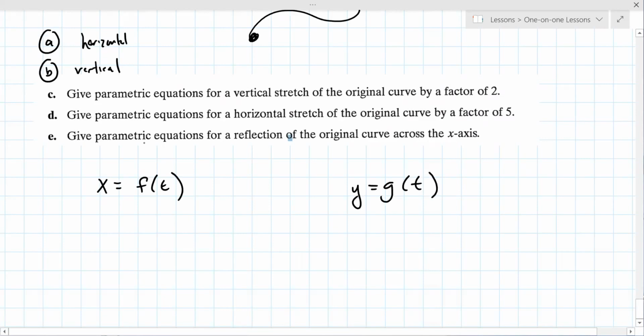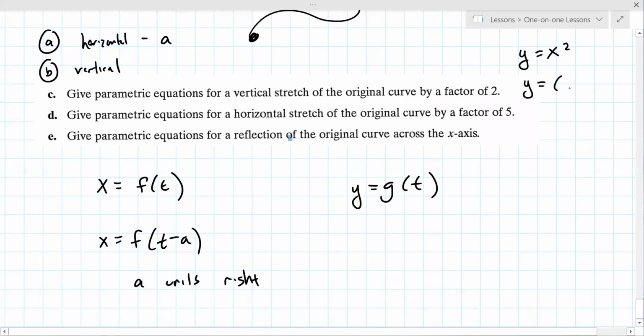A horizontal shift occurs inside here. So let's say we want a horizontal shift of a units. That would look something like this: f of t minus a, and that's a units right. If you're not remembering this, or this is unclear, go back and think of x squared.